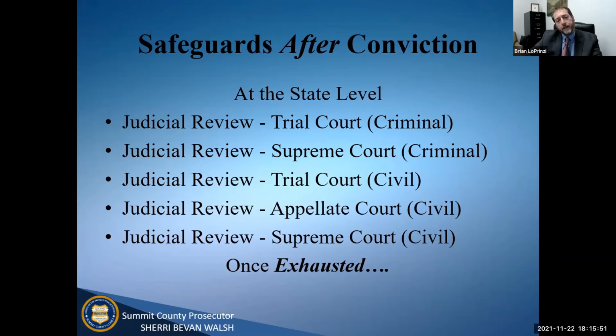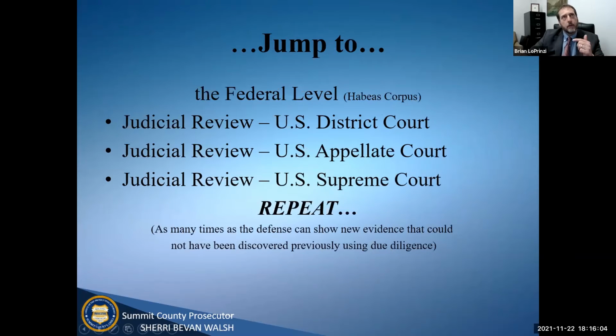Once all that is exhausted, if you aren't successful in stopping the death sentence, and a lot of times this is where people don't understand that you have an entire state process, both civil and criminal, that you go through before you ever talk about going to the United States Supreme Court or to the federal court system.